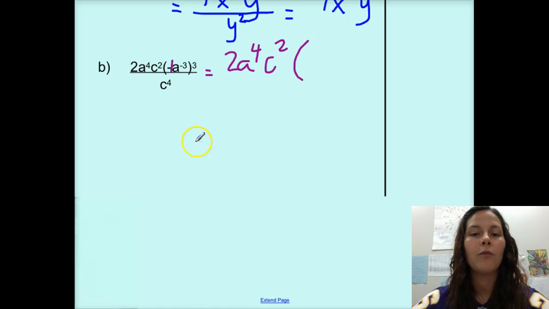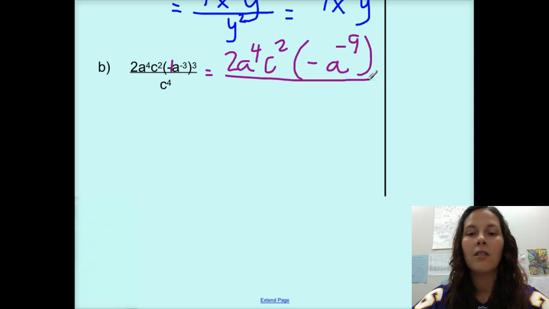Negative 1 is the coefficient of my a to the negative 3 power. So negative 1 times negative 1 is positive 1, times another negative 1 is negative. And then my power of a power rule, I'll take my negative 3, multiply it by my positive 3, and get a negative 9, all over c to the 4th.